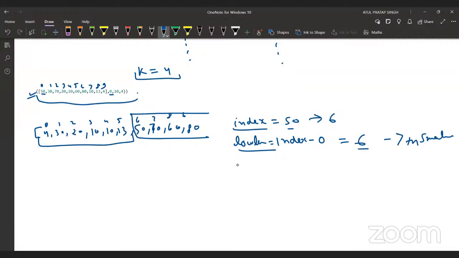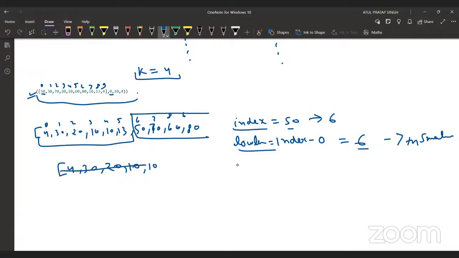Okay, so now here our L, we will call our quicksort algorithm on that part, and now our list will become 4, 30, 20, 10, 10. List will remain the same, but we will pass the index.